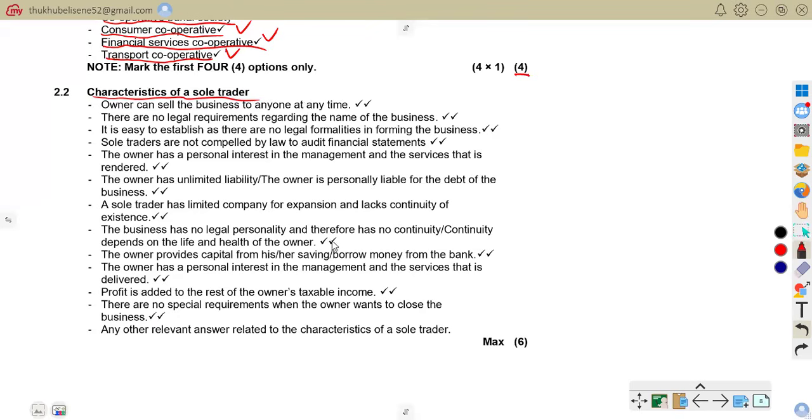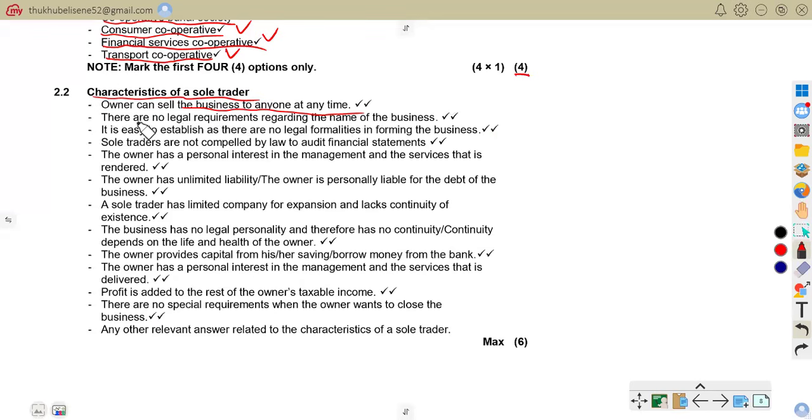Characteristics of a sole trader. The owner can sell the business to anyone at any time, meaning the owner has full control and can decide to sell or transfer the business freely.